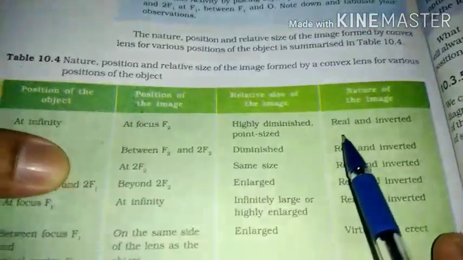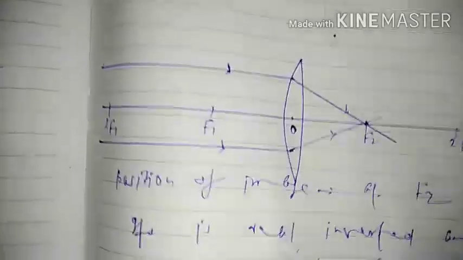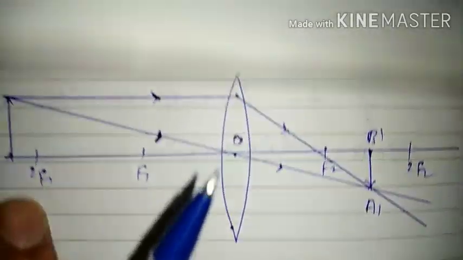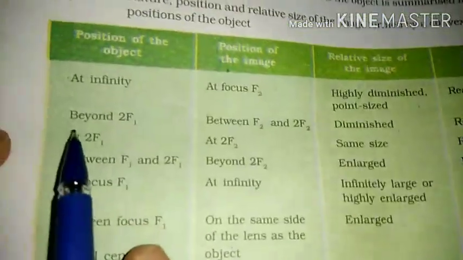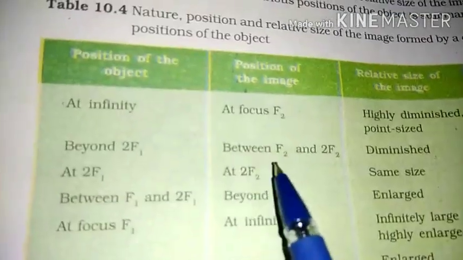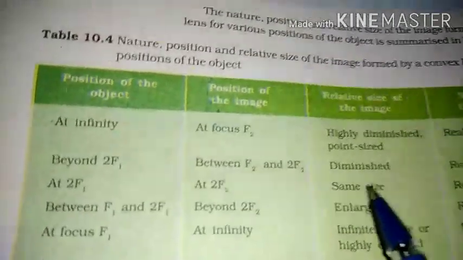And what is its nature? Real, inverted. Now, second case, which we have just explained. In second case, object is beyond 2f1. Position of the image between f2 and 2f2. It is diminished, real and inverted.